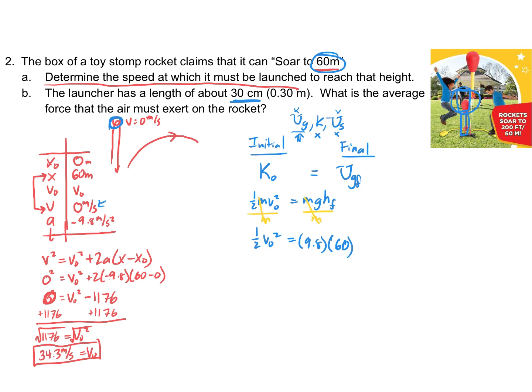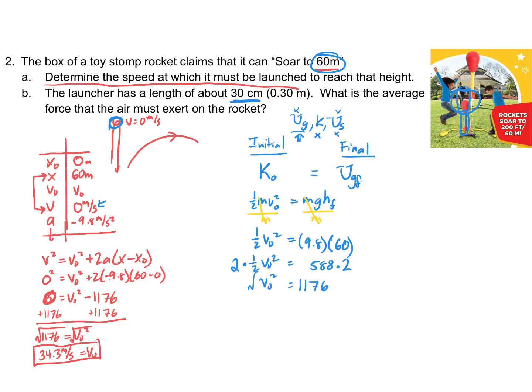So now we can go ahead and do that math. 9.8 times 60 is 588, which is going to be equal to one half v naught squared. I have to get rid of the one half, so you can either divide by one half or multiply by 2. I like multiplying better; my brain works better with multiplication. And I get that v naught squared is equal to 1,176, oh, that looks familiar.